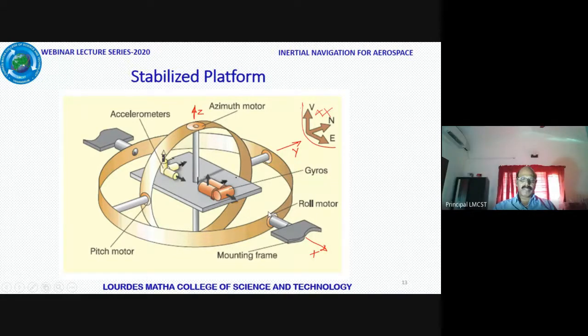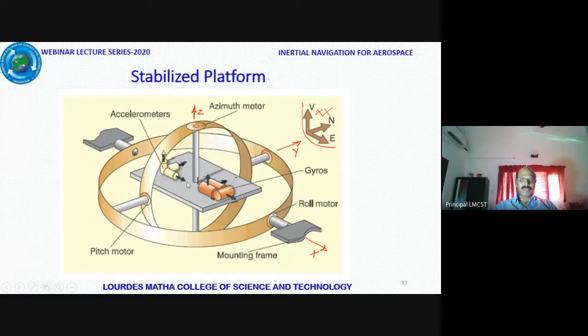Now, we said that some small value of angular motion is transmitted here because of the finite friction of these hinge points, and that angular motion will disturb the desired inertial orientation in which this platform is supposed to be. It will now be altered by this small angular motion which is transmitted to the platform inside.